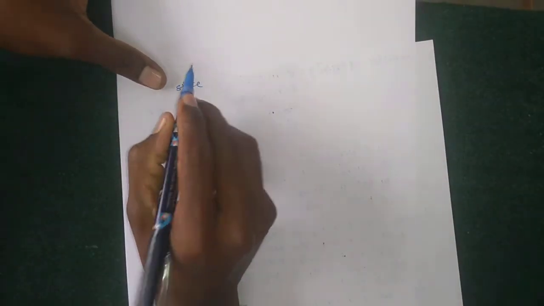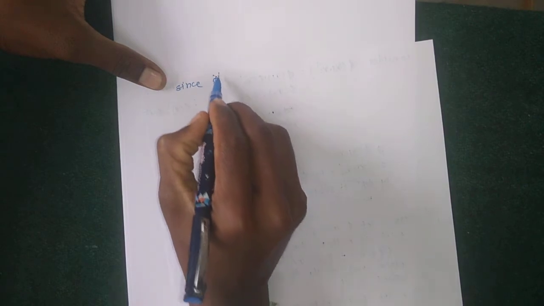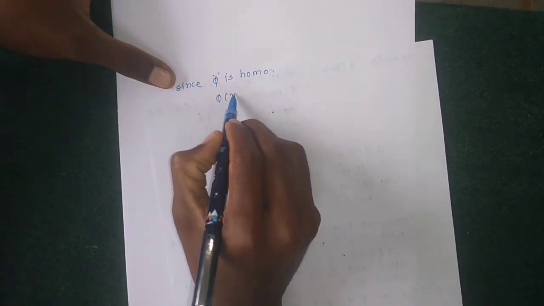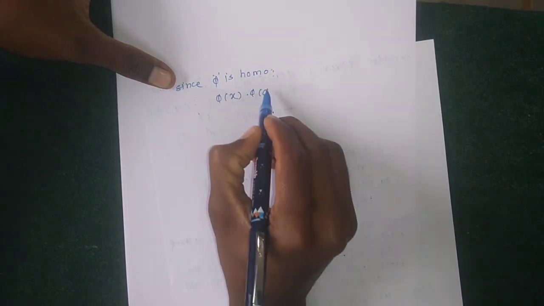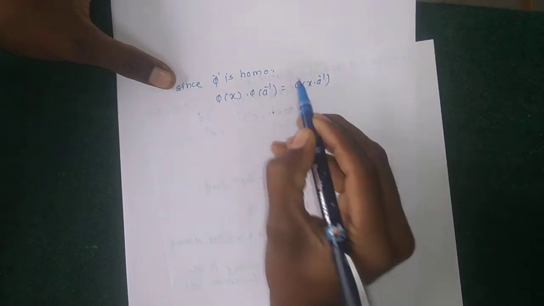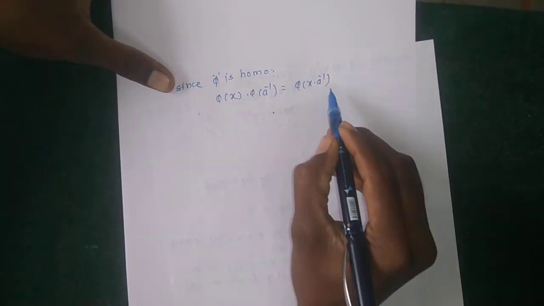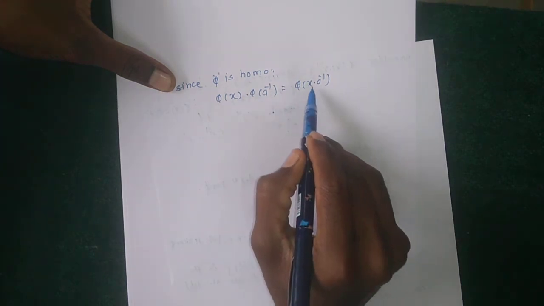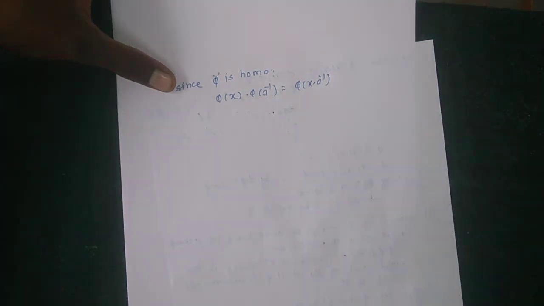Okay, so using this result, since phi is a homomorphism, phi of x into phi of A inverse equal to phi of x into A inverse, because phi is homomorphism, which implies that the value of phi of x into phi of A inverse equal to phi of x into A inverse.